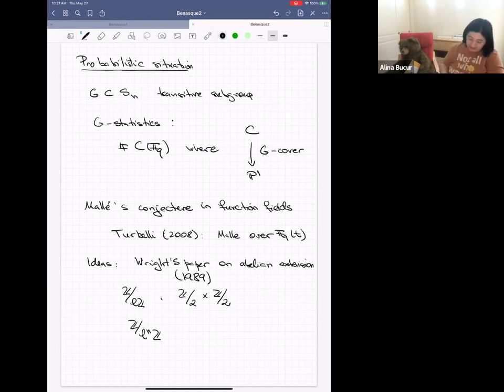And then of course, in general, if you're dealing with a non-abelian group, then we know very little. Melanie Wood did this for S3.